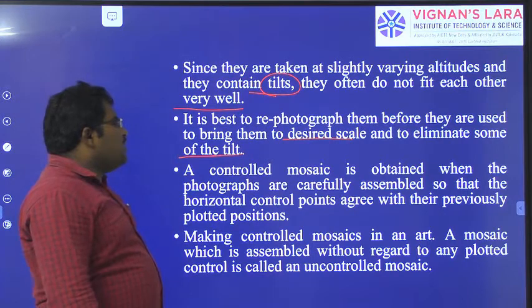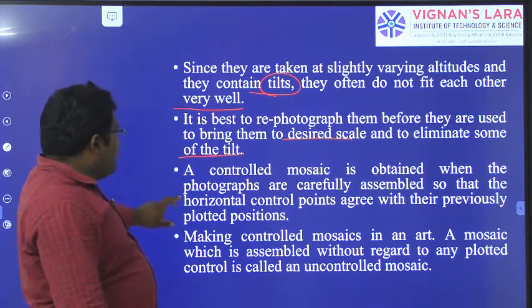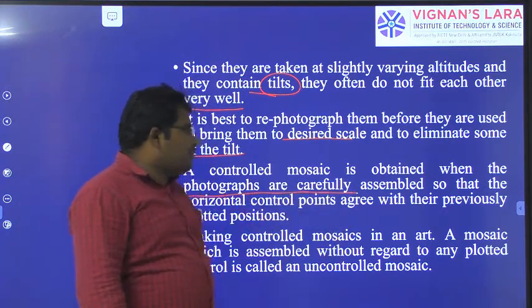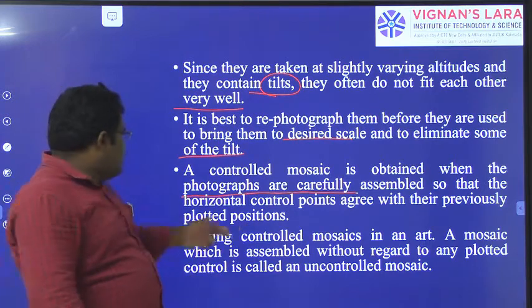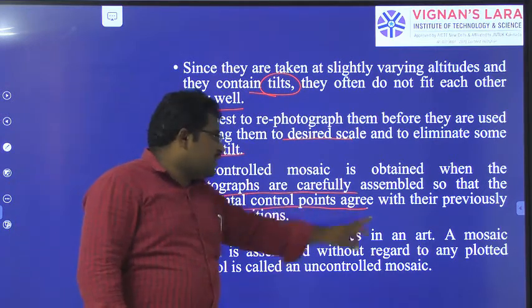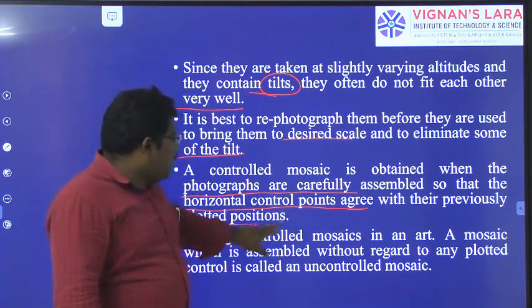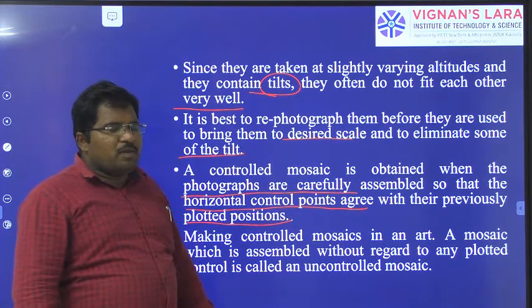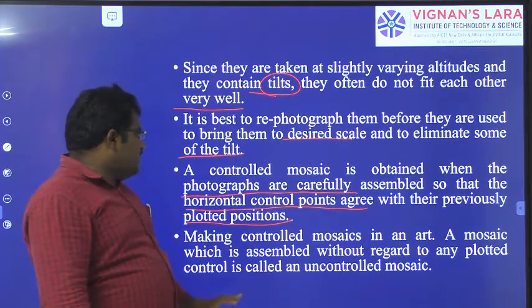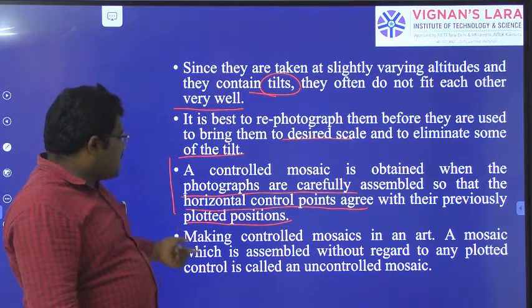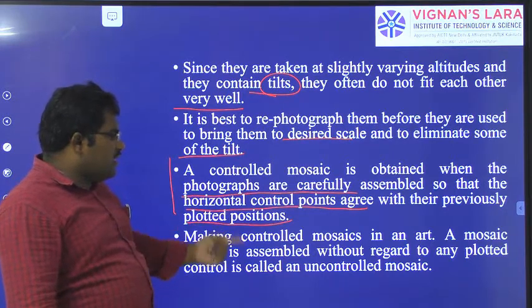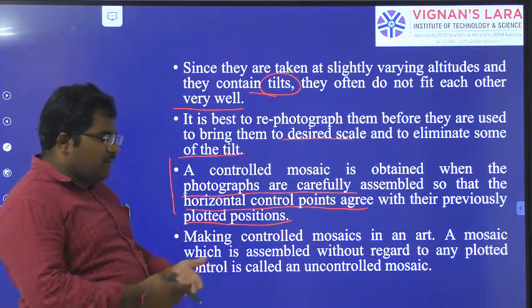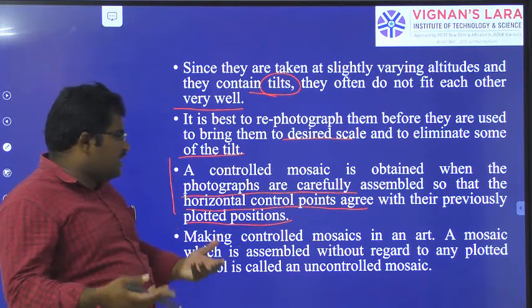Next, a controlled mosaic is obtained when the photographs are carefully assembled so that the horizontal control points agree with their previously plotted positions. Whatever previously plotted positions are there, we have to see that, right? So making controlled mosaics is an art.